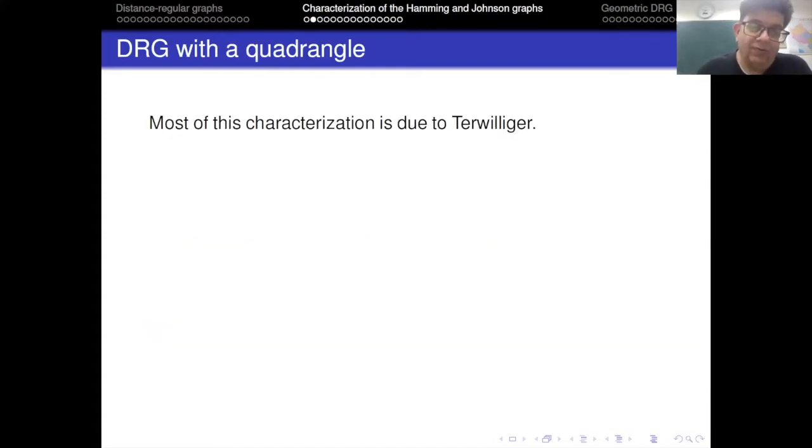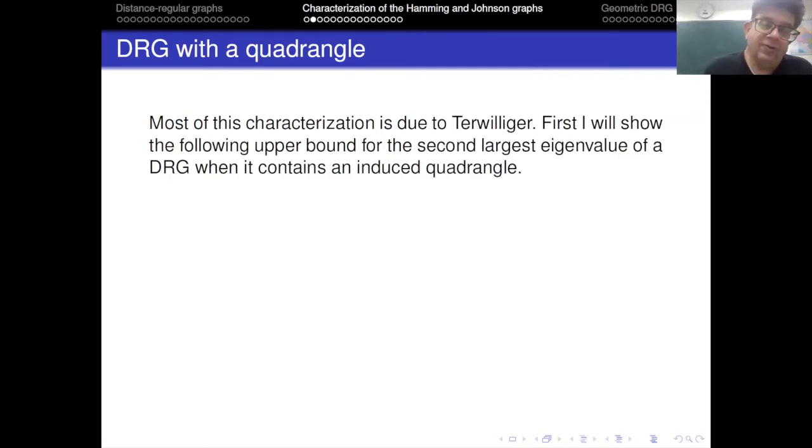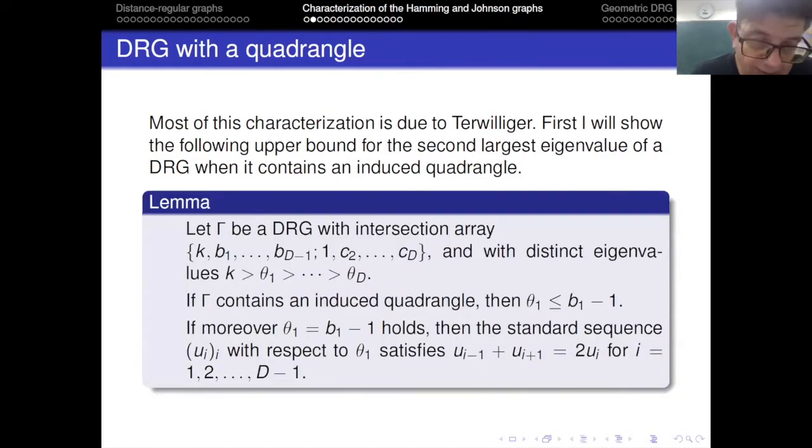Most of the sections here are due to him. So first we need to show an upper bound for the second largest eigenvalue of a distance-regular graph when it contains an induced quadrangle, and that is the following.